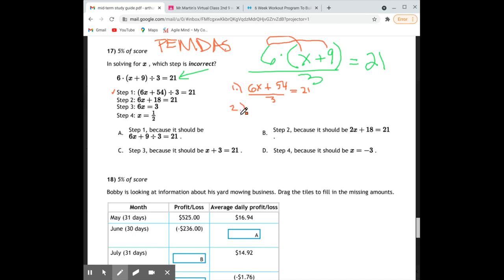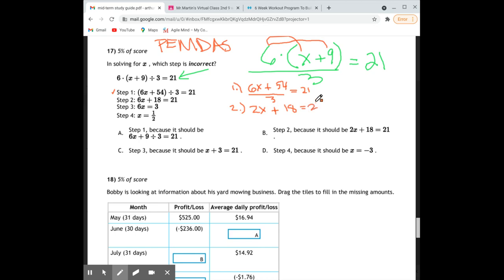If you have 6 x's and you put them into 3 groups, how many do you have in each group? 2 x's, good. And what is 54 divided by 3? 18. Great job.